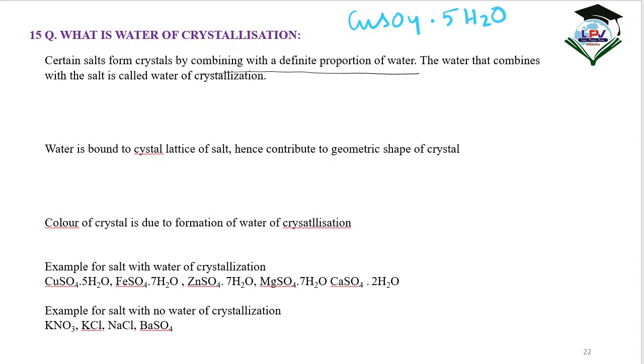This 5H2O is the water of crystallization. You have a total of 5 water molecules combined with the copper sulfate, and the copper sulfate is now hydrated copper sulfate.